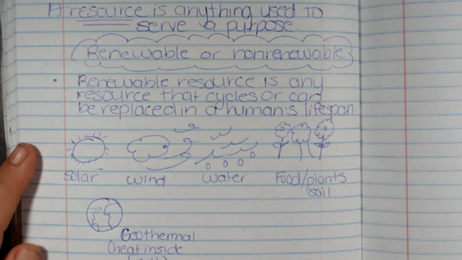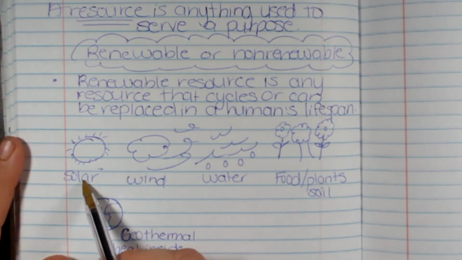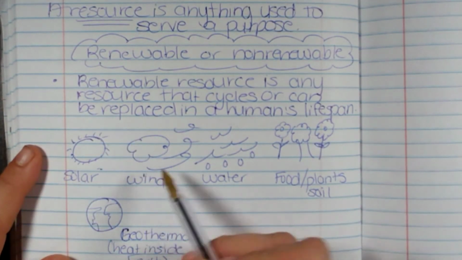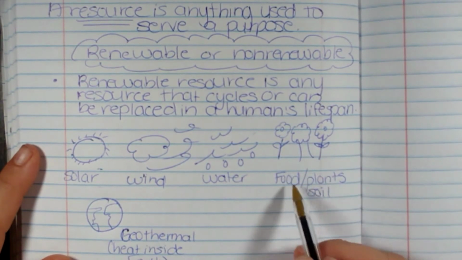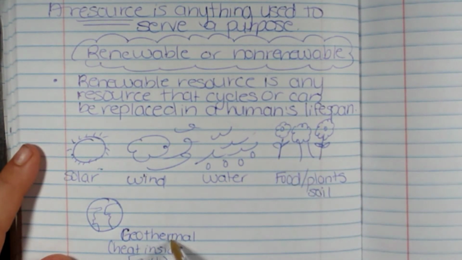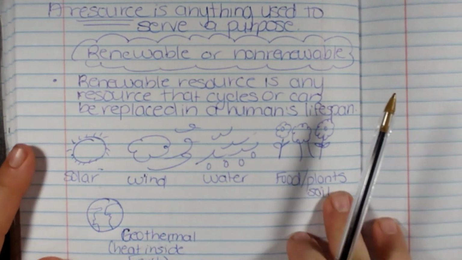Okay, so these are the renewable resources and ways that we could get energy. Solar energy, wind energy, water power. We get energy from our food and plants, and you can also use geothermal to get energy.